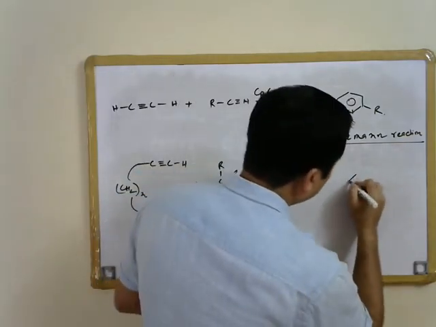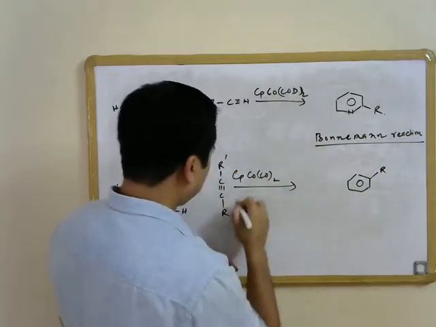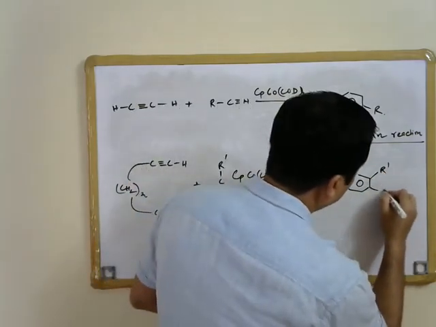So this will give you again cyclotrimerization. Let's make them R1 and R2.